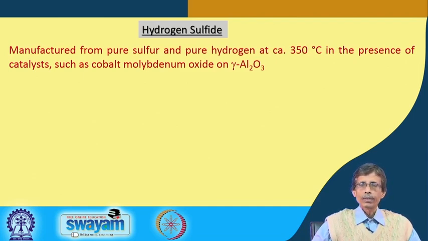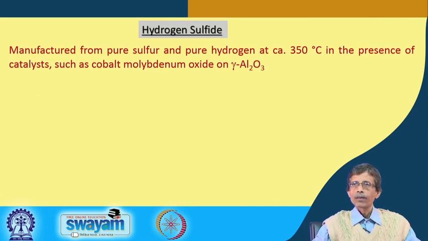Whether you get it through in situ generation or from cylinders, that hydrogen at a temperature of 350 degrees centigrade in the presence of a catalyst reacts with elemental sulfur. You require a catalyst for that conversion, and it is cobalt molybdenum oxide, a two metal oxide system, not cobalt oxide or molybdenum oxide alone, on a surface of gamma alumina.